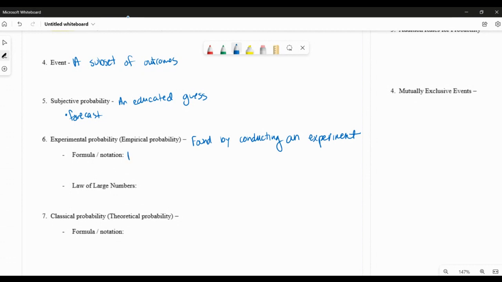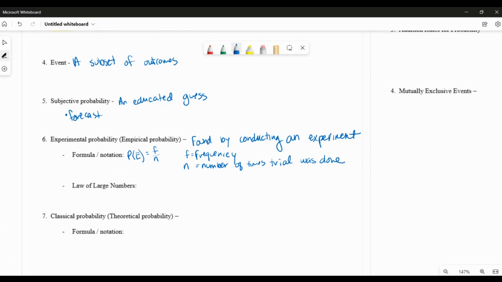It looks like this: P for probability of E for event equals F over N, where F represents the frequency and N represents the number of times the trial was done. Frequency, there we go.